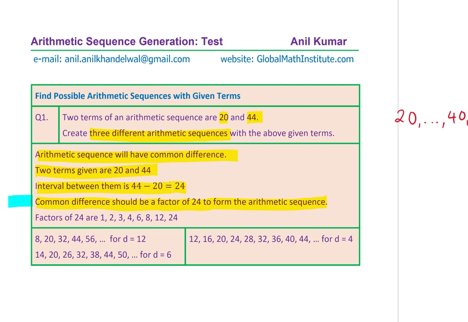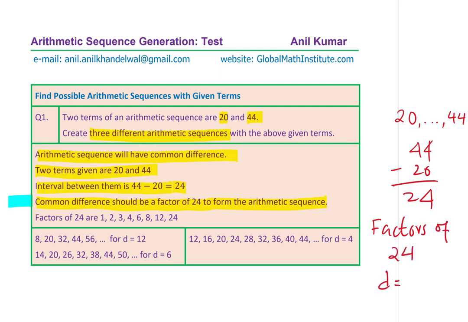So now, what are the factors of 24? You see 44 minus 20 is 24. So we are now looking into factors of 24. You get the point, right?